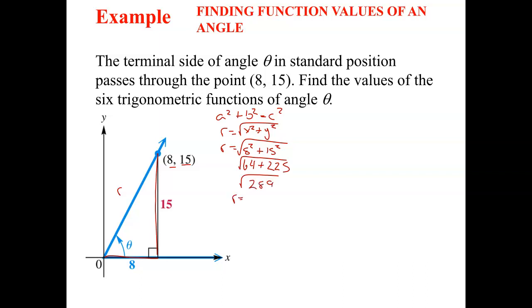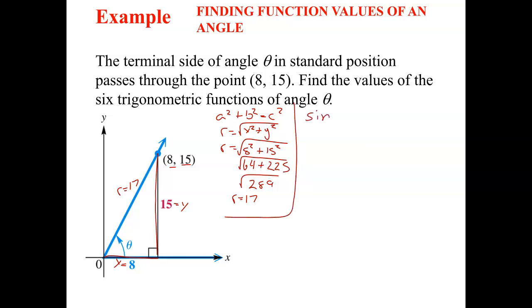Square root it. There you go. So our radius is 17. So I've got my x value, my y value, and my radius. Now let's find our 6 trig functions.